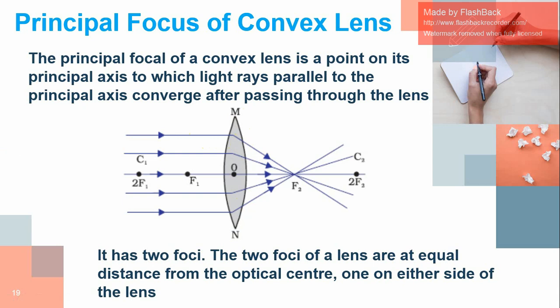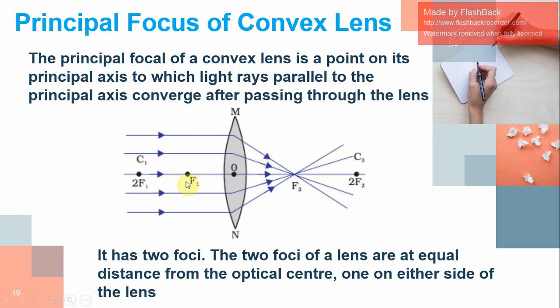These rays are focused at F2, which is the principal focus. It is a point on the principal axis to which light rays parallel to the principal axis converge after passing through the lens.